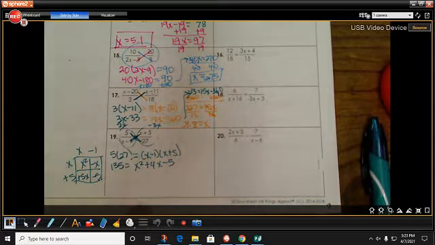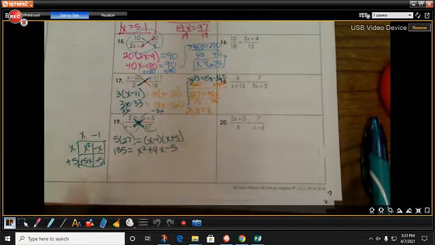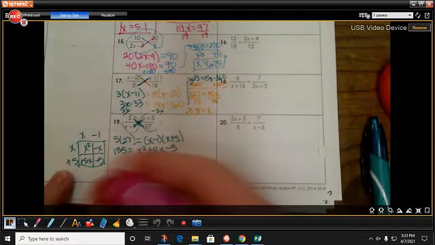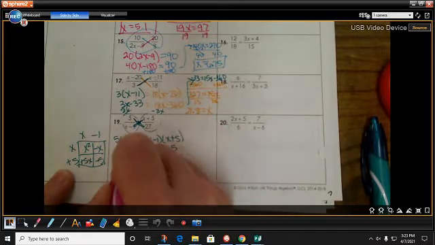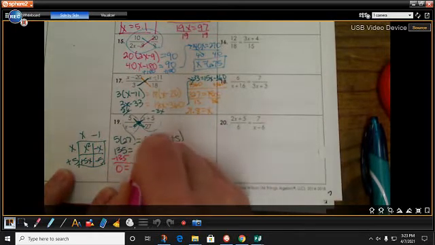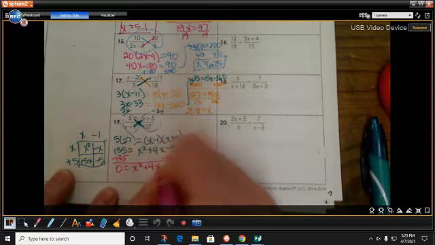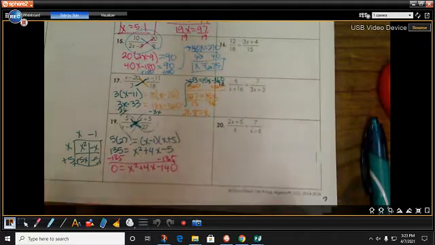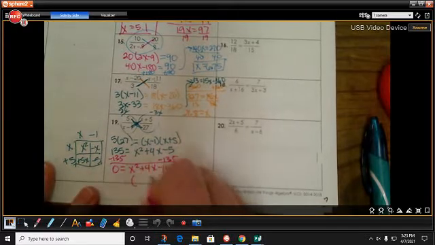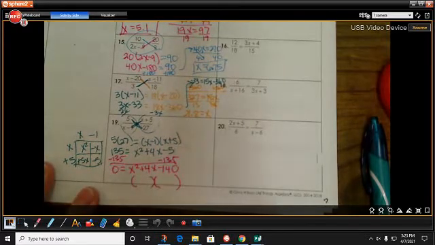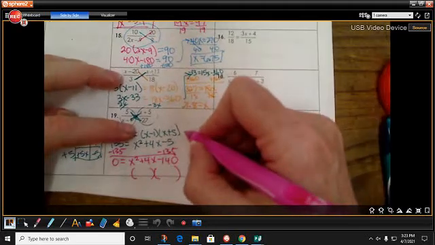Still not done. So if you recall, when we get something like this, we need to put it into standard form. So I'm going to subtract that 135 from both sides so that it equals 0. And then I have x squared plus 4x minus 140. Now we know that when we had this kind of quadratic equation, it's a lot easier to solve if I can break it up into two things that were multiplied, kind of like it was in the beginning.